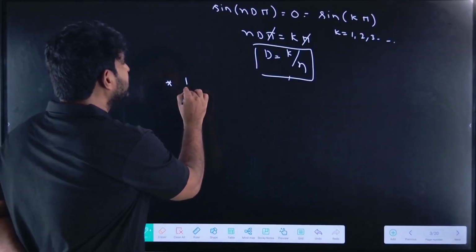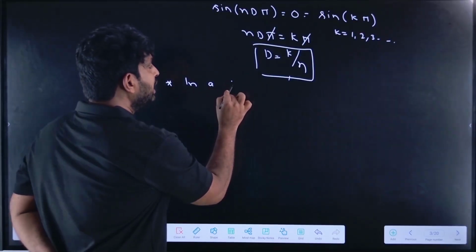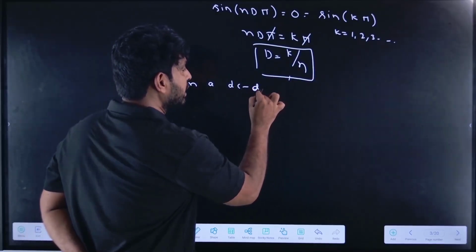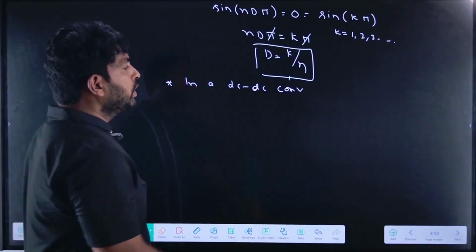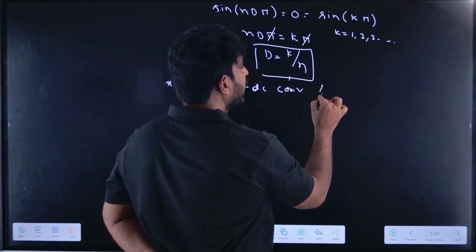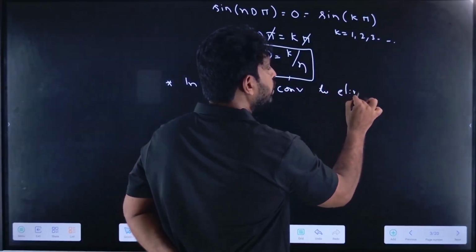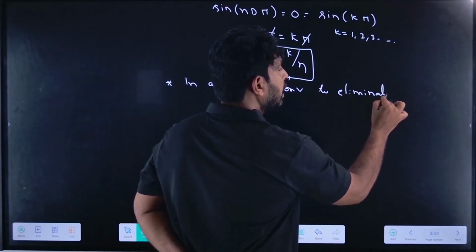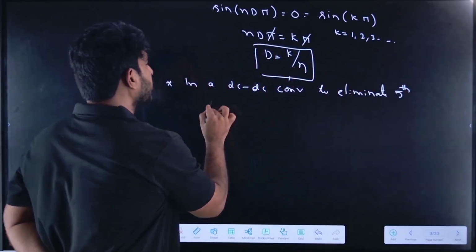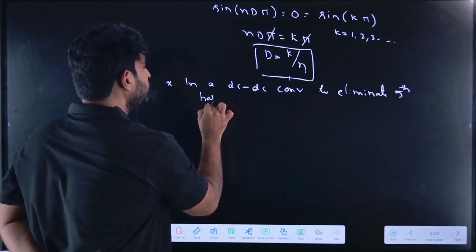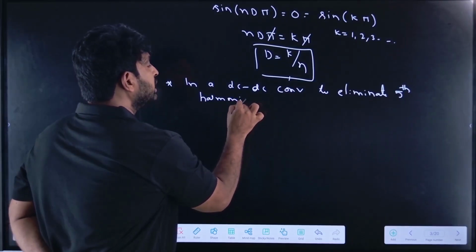In a DC to DC converter, if you want to eliminate the fifth harmonic, what is the duty cycle?